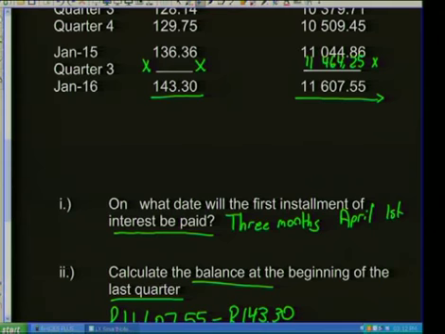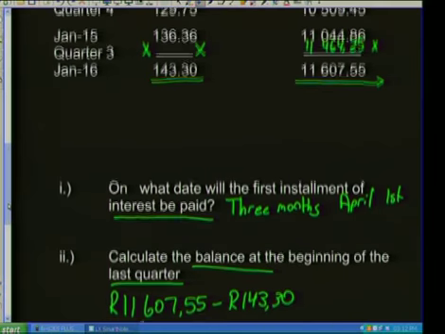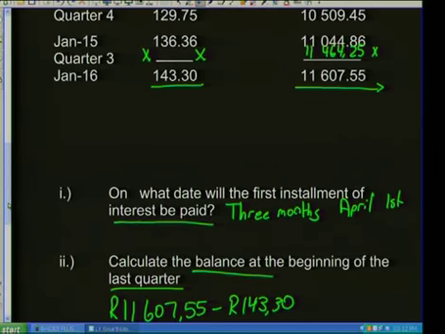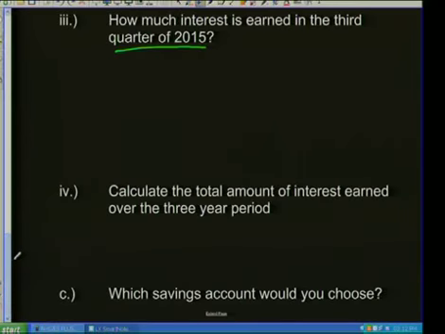Now, my instinct was to actually minus these 2 values, but those are a few quarters that are in there because we've only got 1 quarter there. So let's go to January. We had 11,044.86. So I'm going to write that in, 11,044.86, and I'm going to work out what the interest rate on that is.